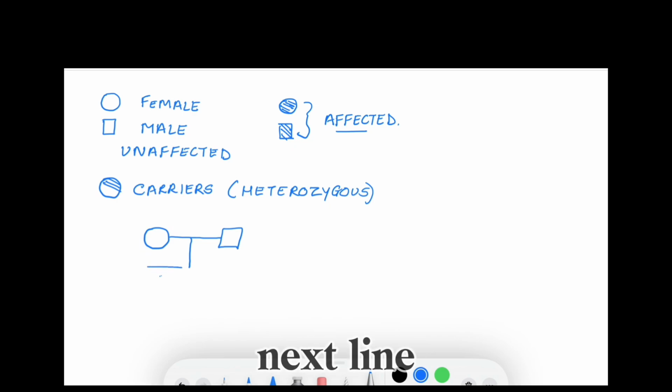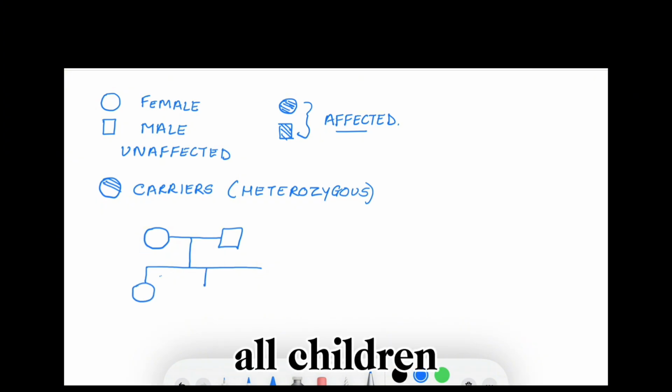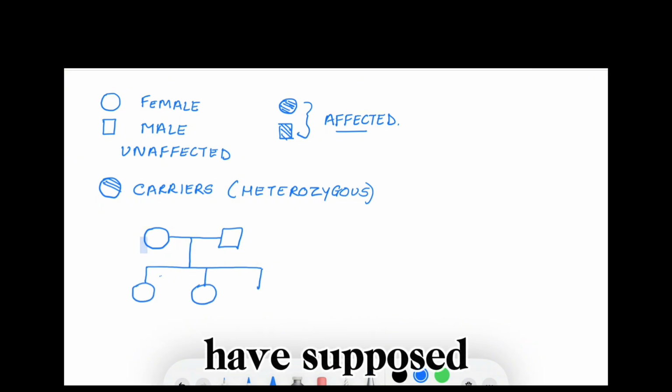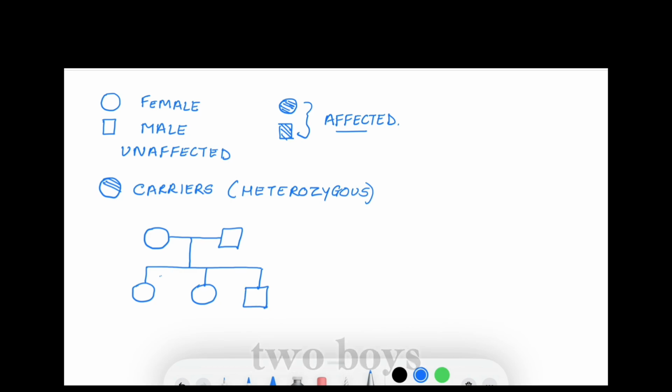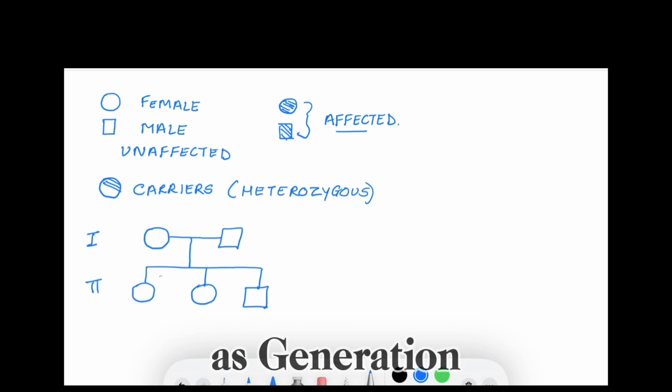And the next line, this horizontal line, is the line of siblings, where they will have all their children. Suppose they have 3 kids, 2 boys and 1 girl. This is known as generation 1 and this is known as generation 2.